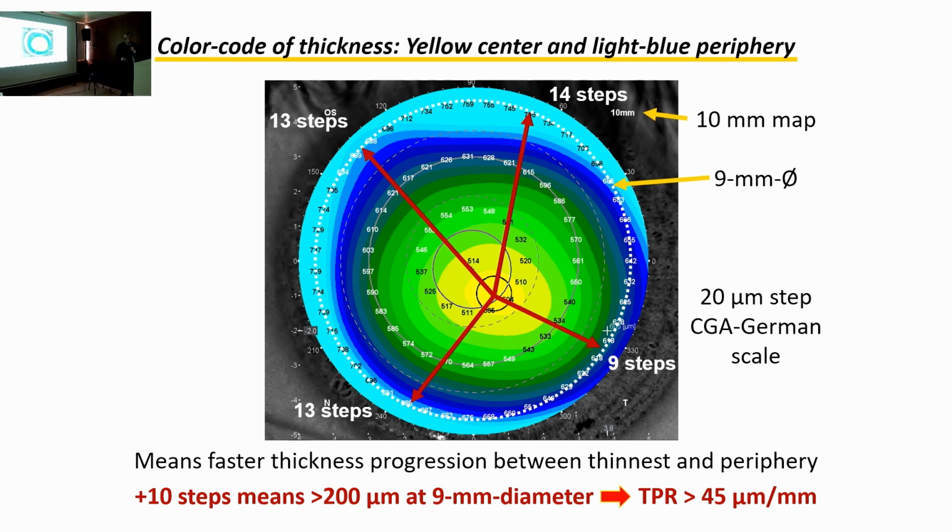So it's very easy to know when we have a faster progression, because if we have, for example, 480 here, to say a number, and we have numbers here more than 780, we already have 200 microns difference. So at a glance, we know that there is a faster progression of pachymetry, at least in 1 or 2 quadrants.